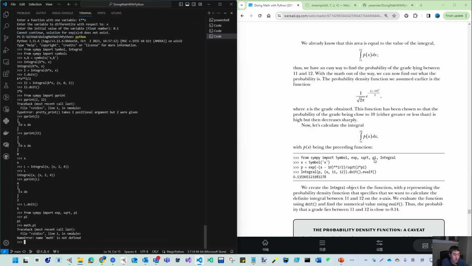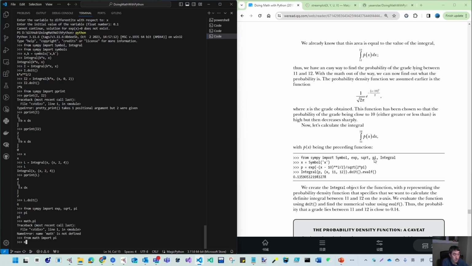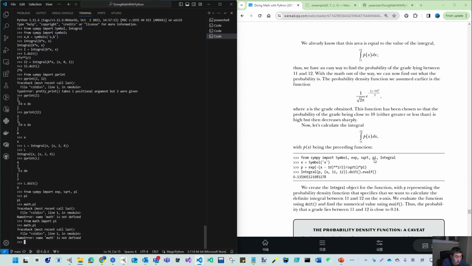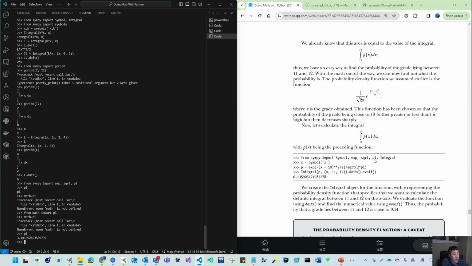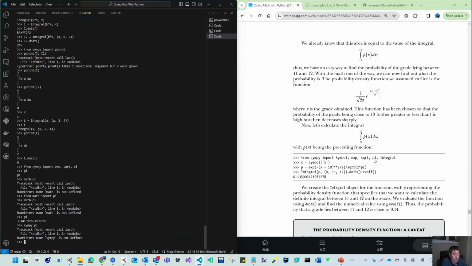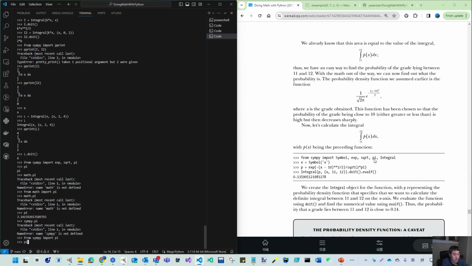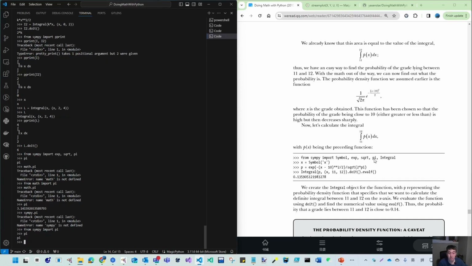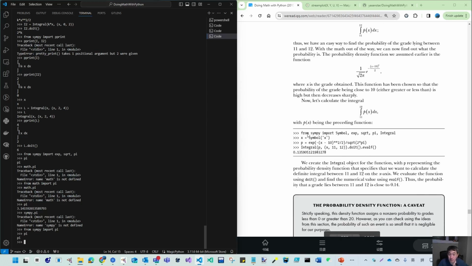But if I put from math import pi, I think it's math.pi. It says math is not defined. So now this pi is the value. I think I need to import pi again, because it's getting overwritten by the math pi. Then we have the necessary library or class.